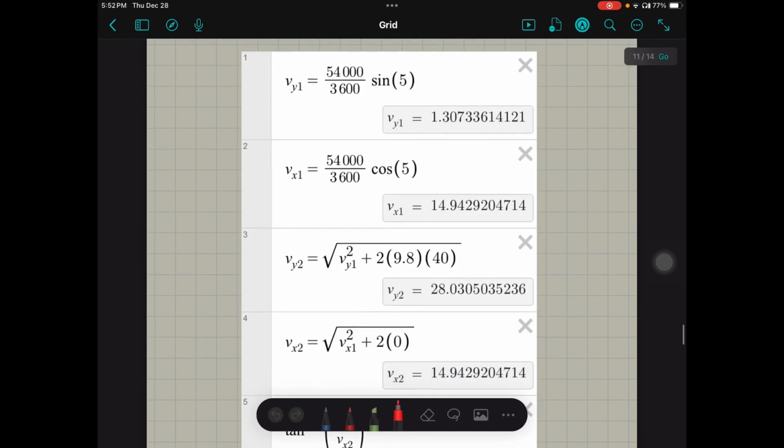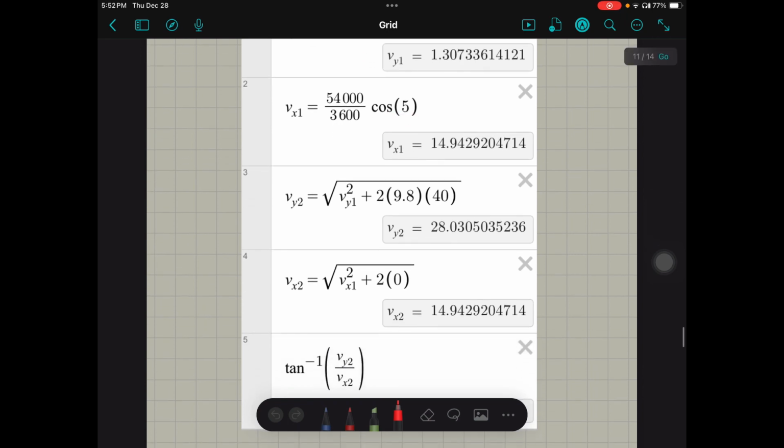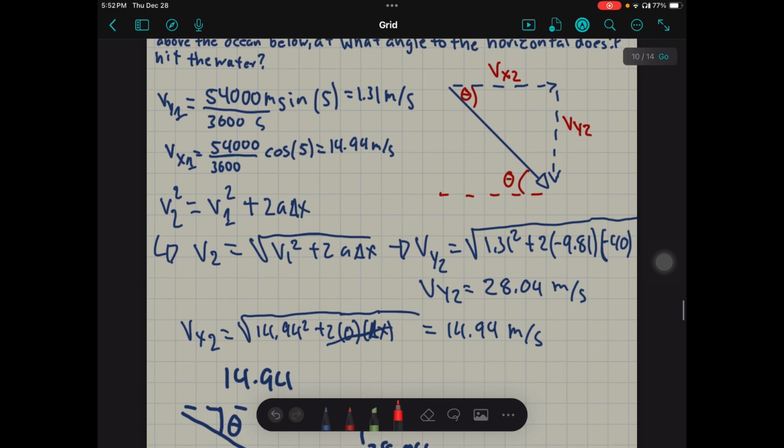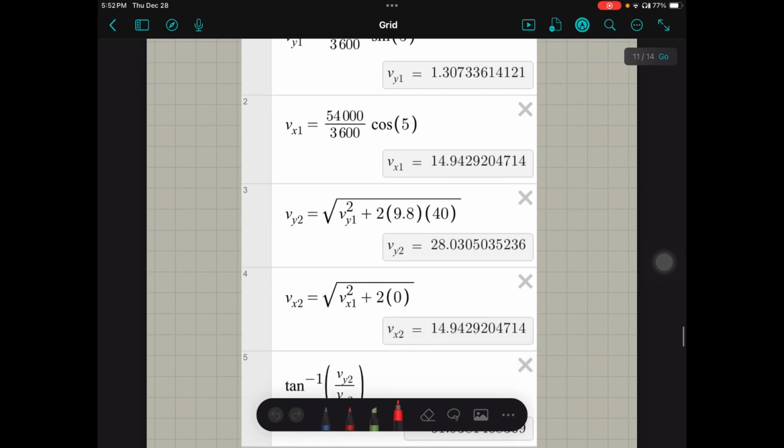So going into a calculator, we converted the 54 kilometers per hour, and then we got our y value and our x value for our velocities. From there, we used this kinematic equation to solve for the final velocities.